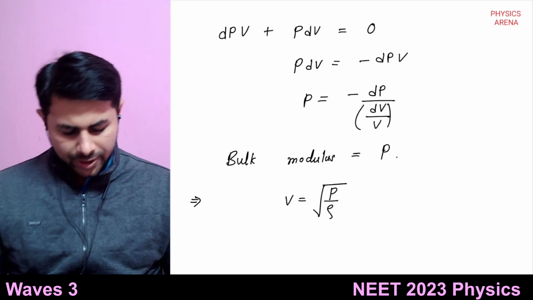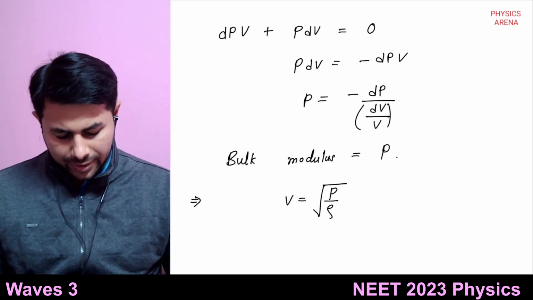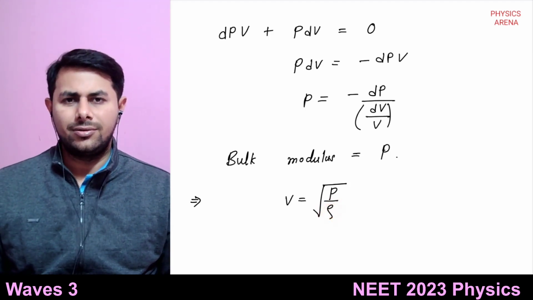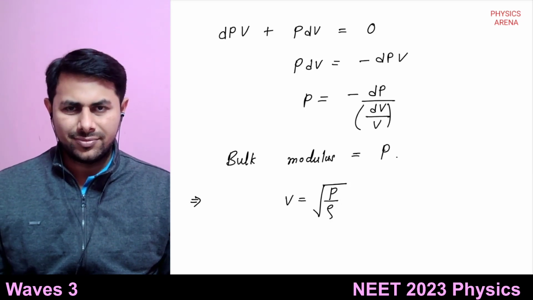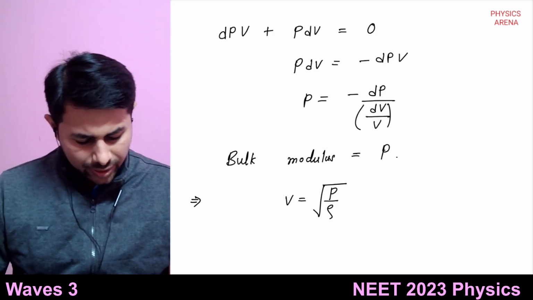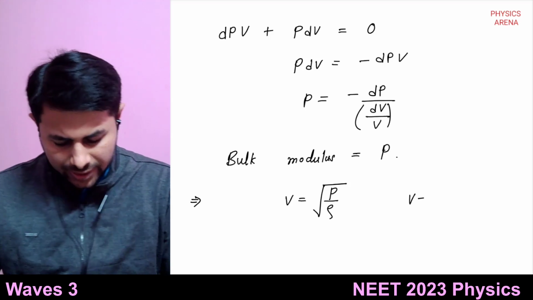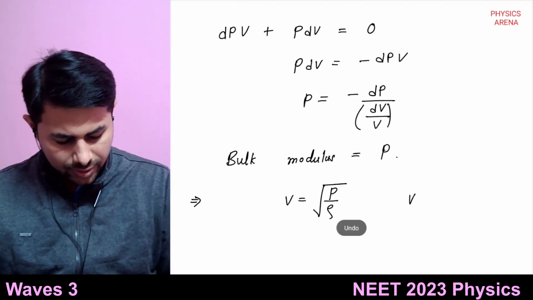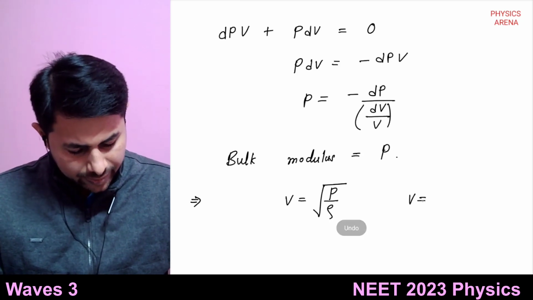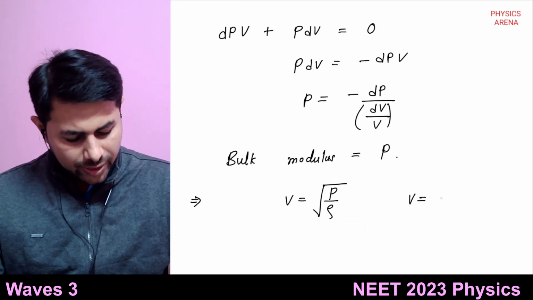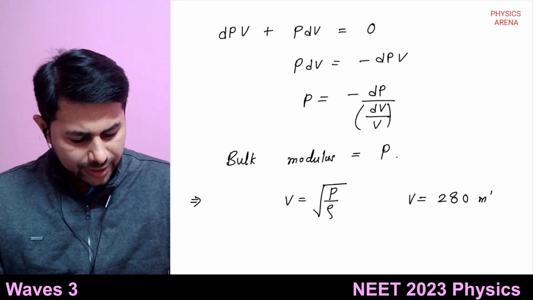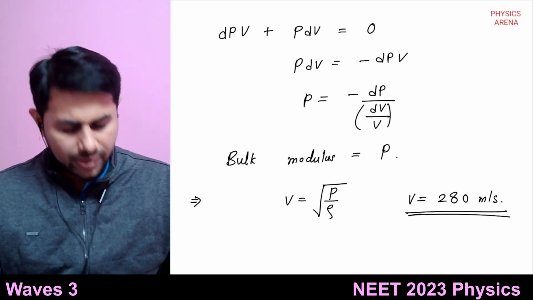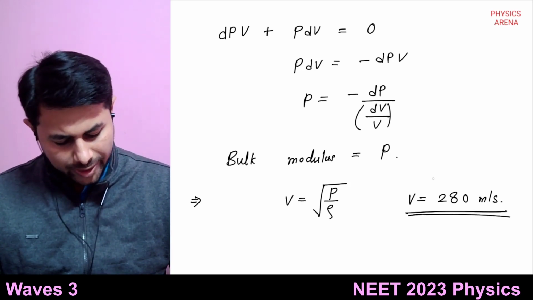So if you substitute the value of pressure and the value of density in this formula, the speed that you get at normal temperature and pressure is nearly equal to 280 meters per second. This is the result of this formula.